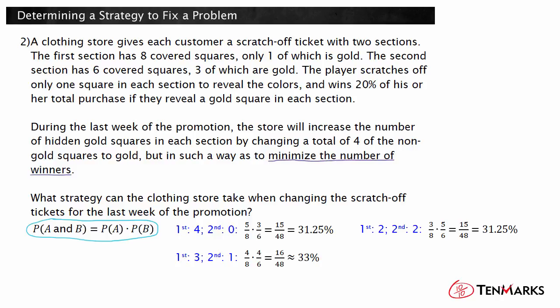And finally, adding 1 gold square to the first row and 3 to the second row means there are 2 out of 8 gold squares in the first row and 6 out of 6 gold squares in the second row. So the probability of 2 gold squares is 25%. So the strategy that results in the least probability of winning, 25%, is to add 1 gold square to the first row and 3 gold squares to the second row.